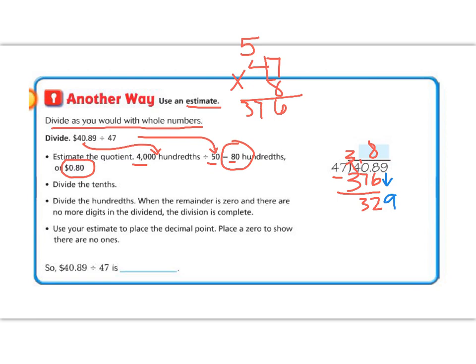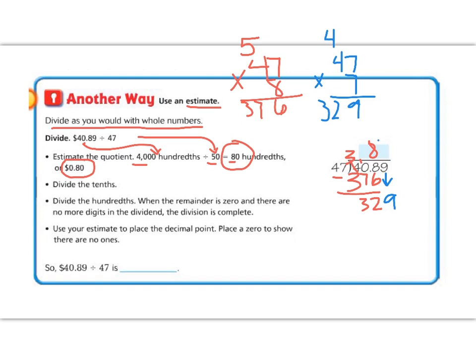So let's multiply 47 by a lower number, by 7, to see if that gets us our next number. 7 times 7 is 49. 7 times 4 is 28. Plus 4 is 32. And 329 fits perfectly into 329.